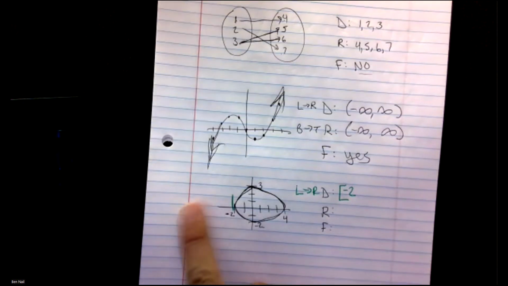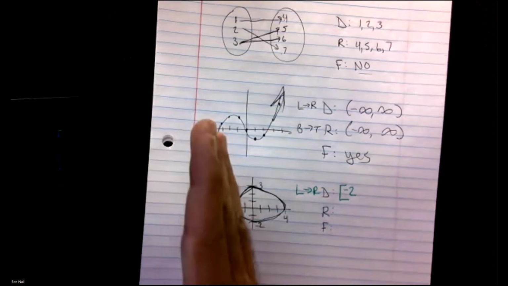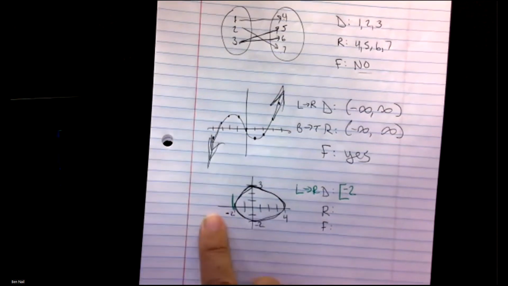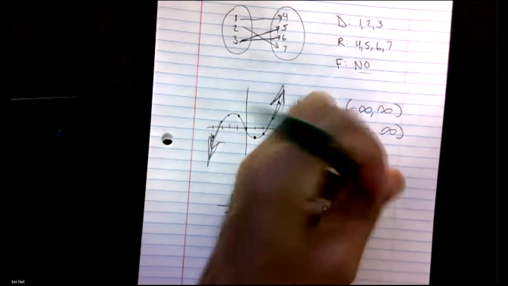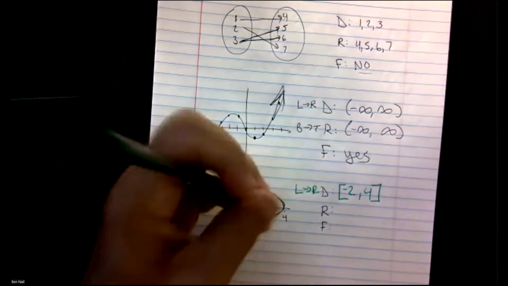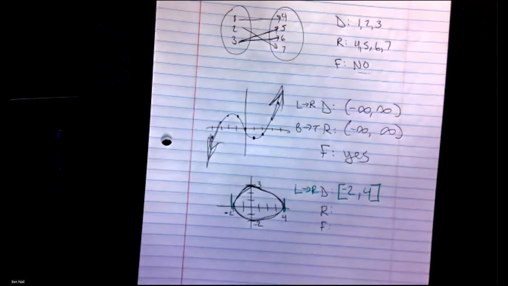There's no graph left of -2. -2 is where the boundary is. Then left to right, +4 is where my boundary is. I never go right of 4. So my domain is from -2 on the x to +4 on the x.